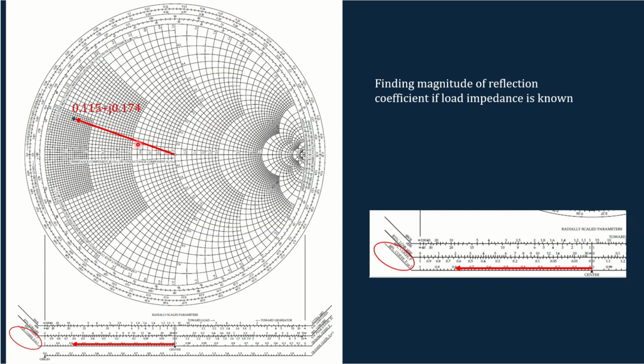So just move this distance arrow from here to here, to this line. Whatever point it is touching will give you the magnitude of the reflection coefficient.